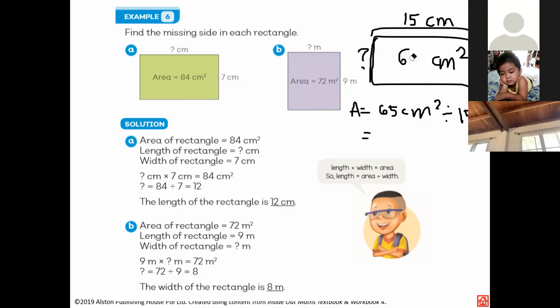Let's try 60. So 60 divided by 15, that is 4 centimeters. So you cancel the squared here. So the missing measurement of the width is 4 centimeters.